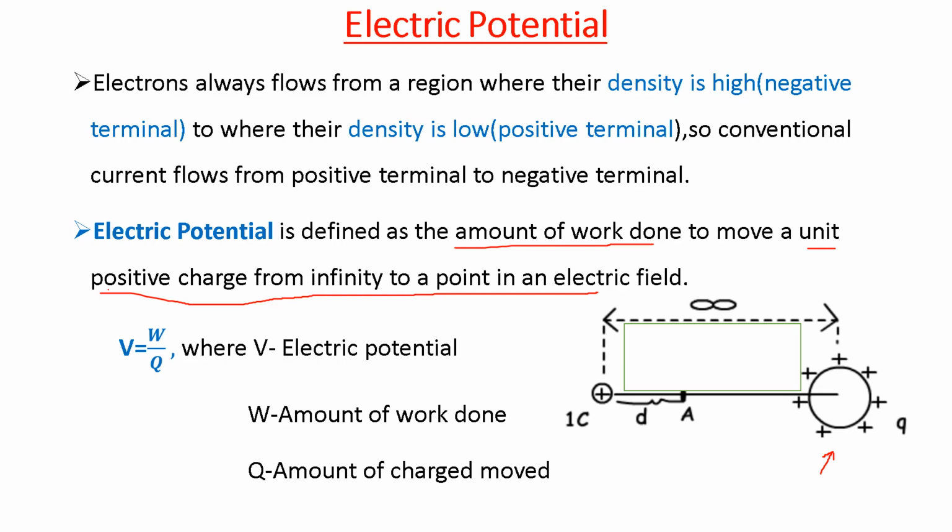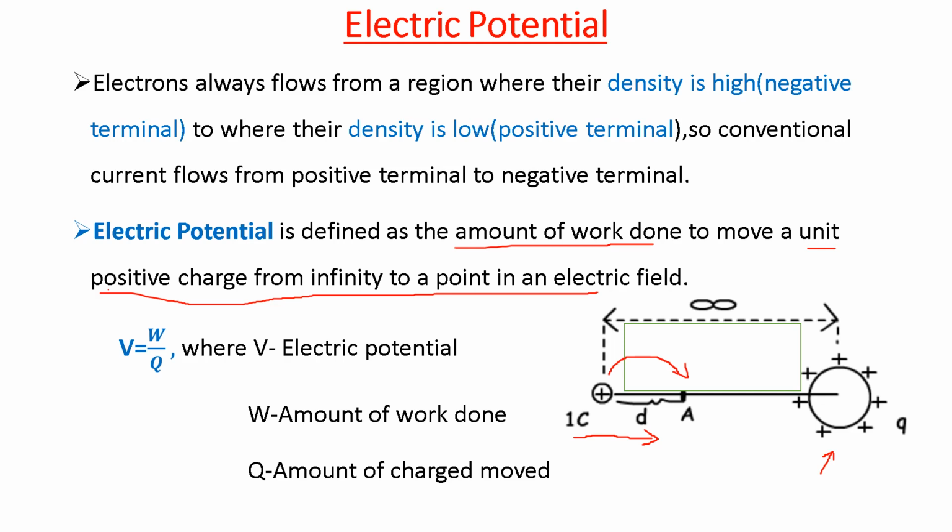So when this 1 coulomb charge tries to come near this positive charge, it will experience a force of repulsion. But if it is brought to this point A, then we need to do some work on it, which means we have to spend some energy on it.